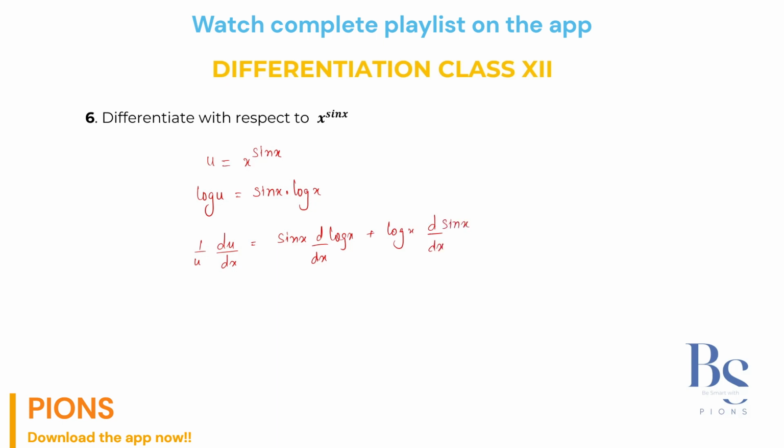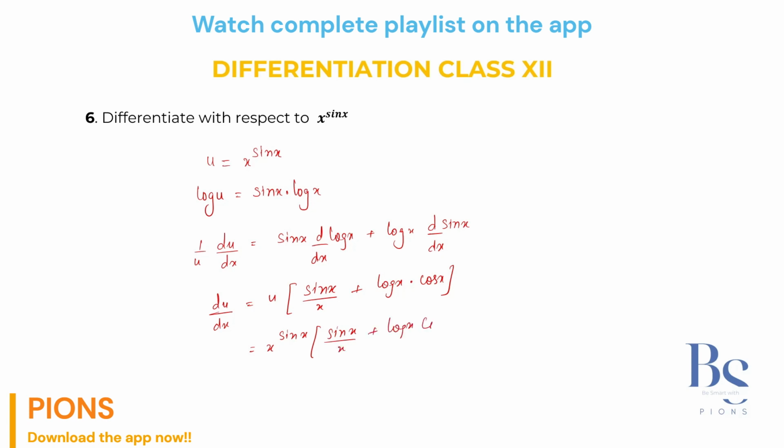Now du by dx will be, taking u on the other side, derivative of log x is 1 by x. So this will be sin x upon x plus log x as it is, derivative of sin x, cos x. Let's substitute u here. It will be x raised to sin x, times sin x upon x plus log x cos x.